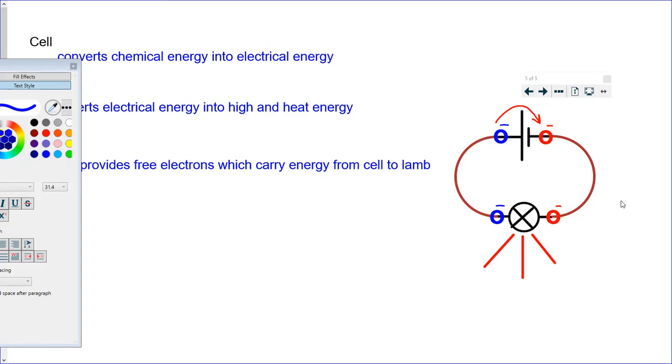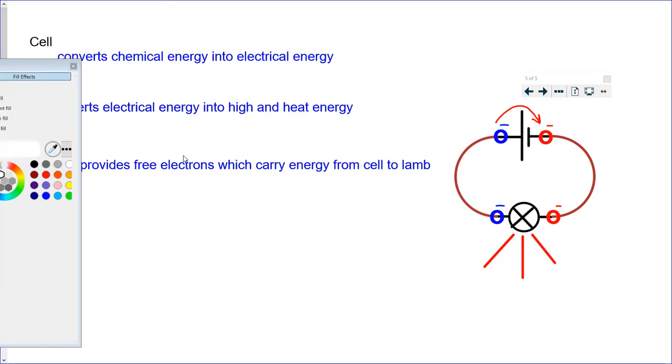So why did I turn one electron into a bunch of electrons? Because when I discuss it, I need to discuss 1 coulomb of electrons. Say this is 1 coulomb of negatively charged electrons, and this is 1 coulomb, and this is also 1 coulomb. Got it?